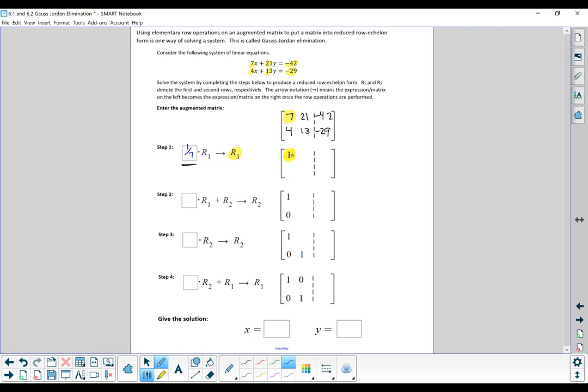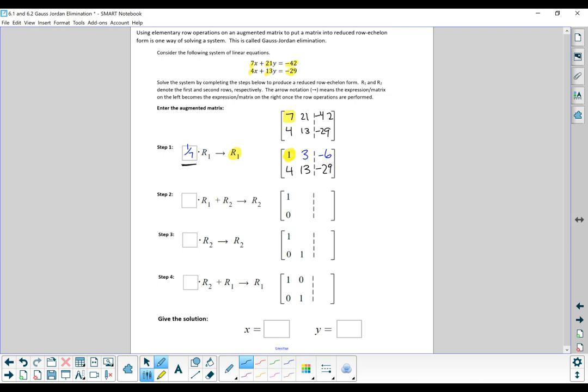So the first position, 7 times 1/7 is 1, and that was filled in for us. The next element is going to be 21 times 1/7, so that gives us a 3. And that last position is a negative 42, so if we times that by 1/7, we get negative 6. Now remember, we only change one row at a time, so the bottom row is going to stay the same.